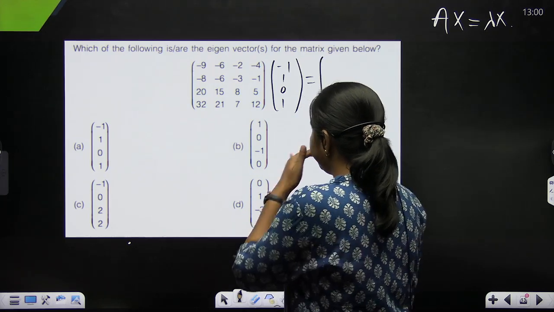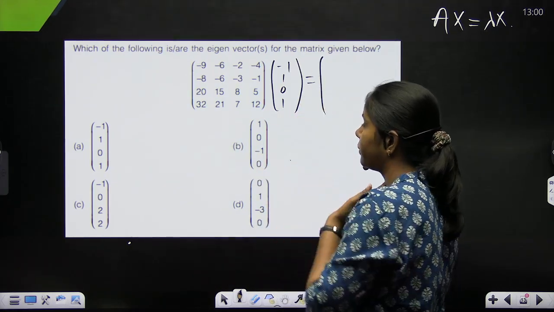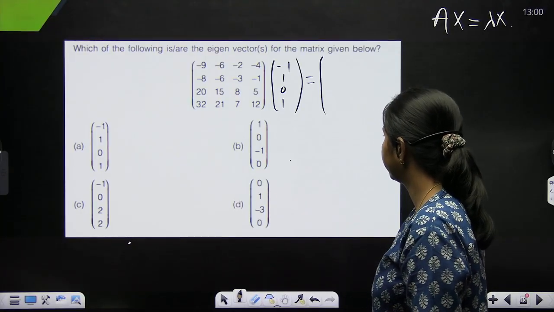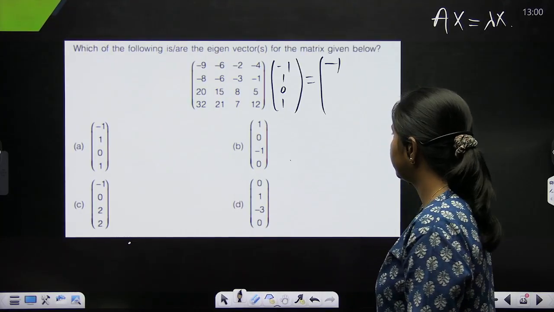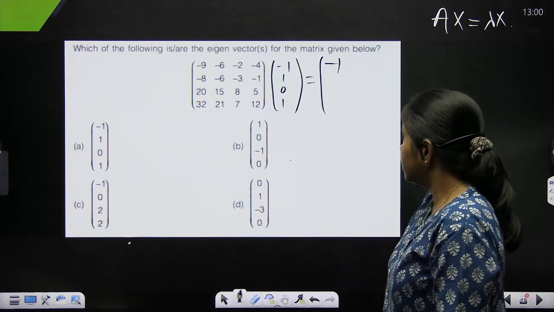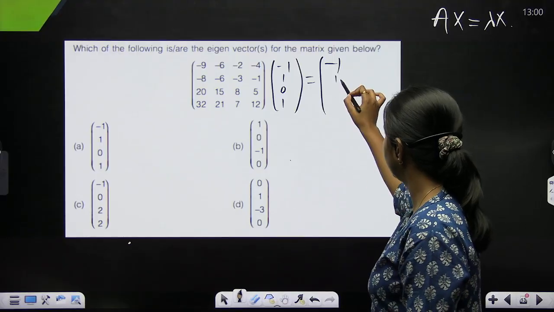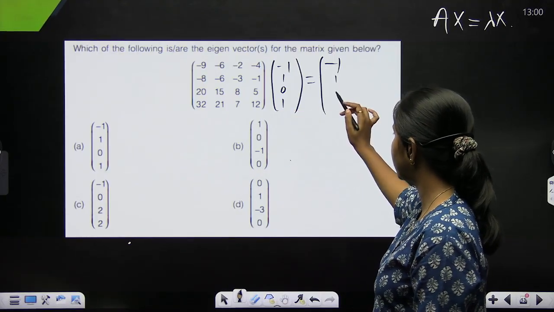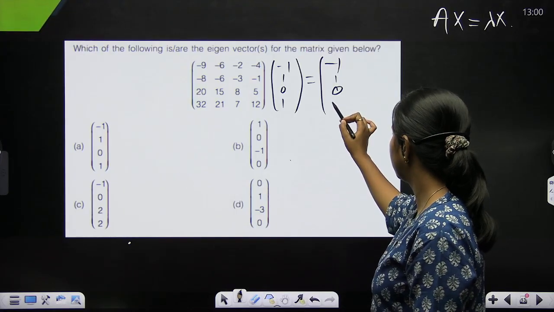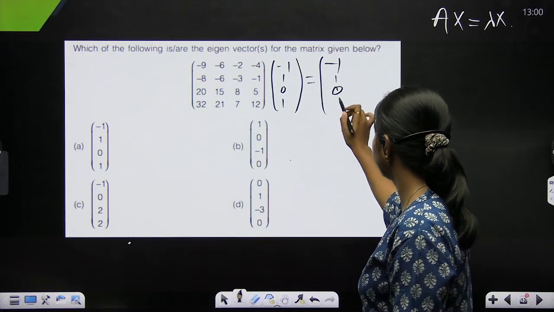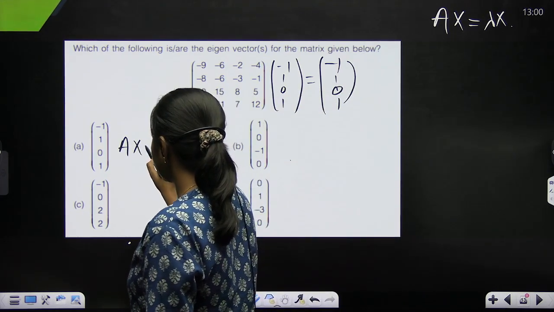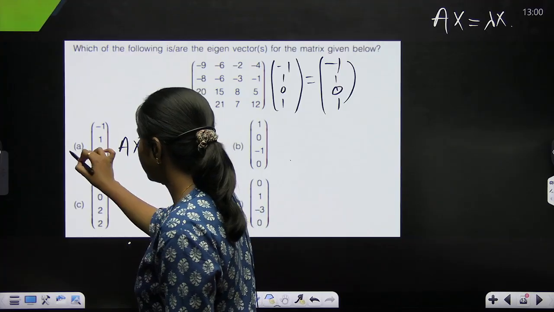I'll multiply the first row with the only column. Everyone would multiply by yourself. -20 + 15 + 5 that would be 0, -32 + 21 that would be 1. So you can see that for the first vector we got A into x equal to 1x. So this is an eigenvector.